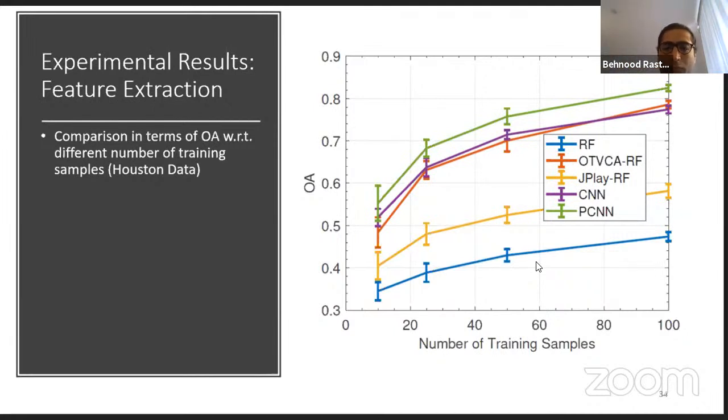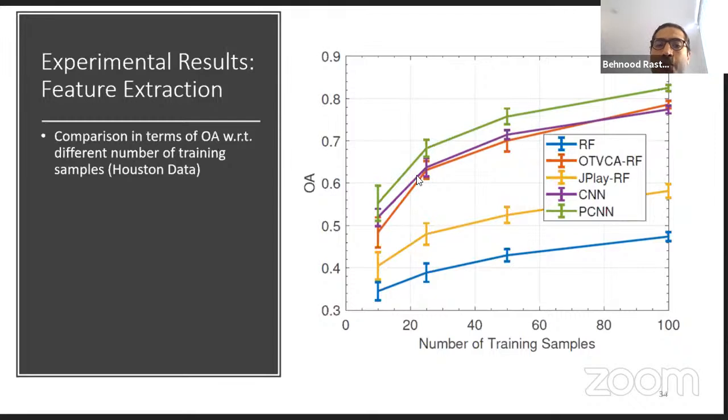So as you see, applying random forest on the spectral bands provides very poor results. Comparing OTBCA, an unsupervised technique, with the supervised technique JPL, we get considerable improvements. CNN slightly outperforms OTBCA plus random forest in this case.